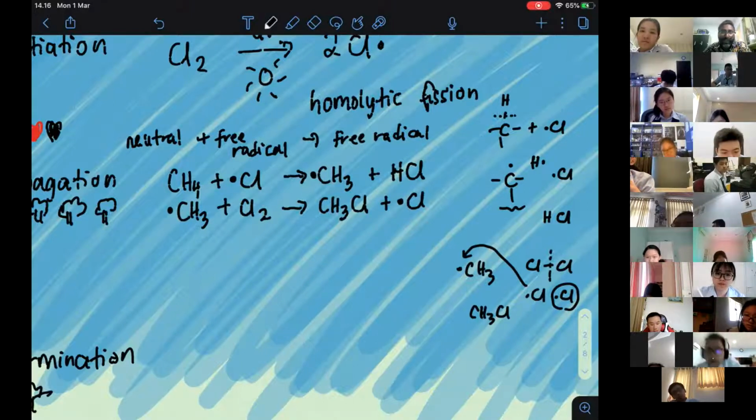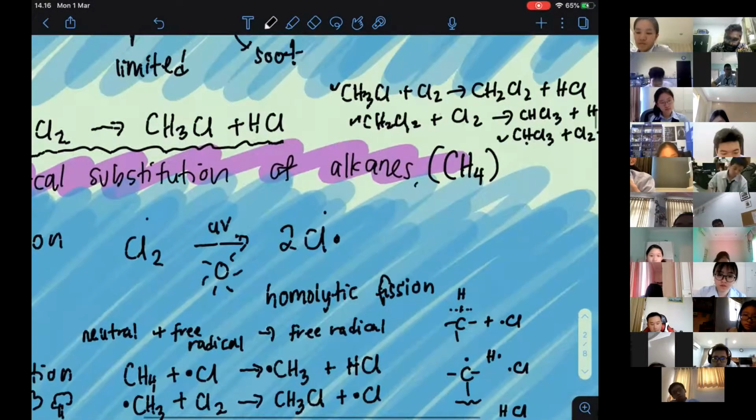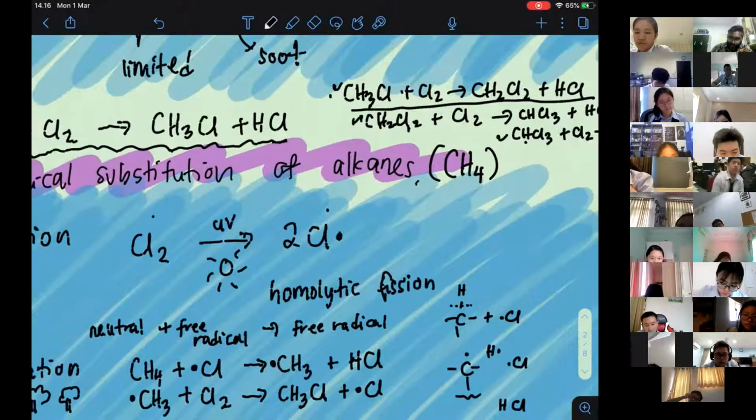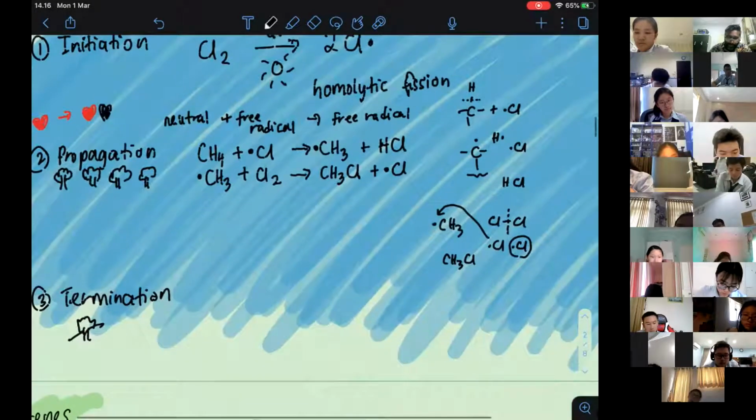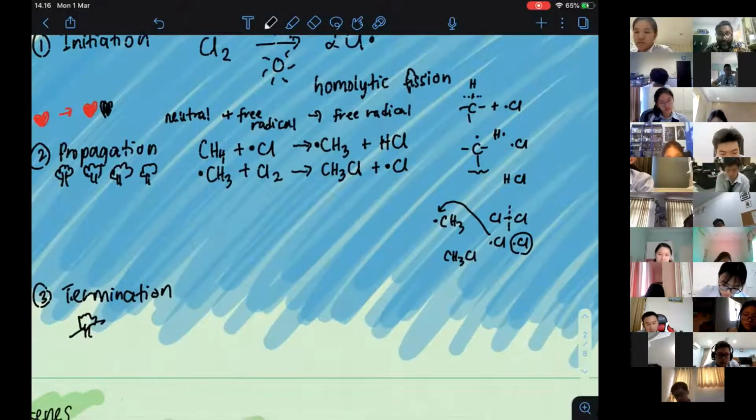You can do this continuously until all these are complete. Let's say I want to continue until here only. I don't want to do everything, so that we can learn. Let's actually do one more step. So I will take this CH3Cl.